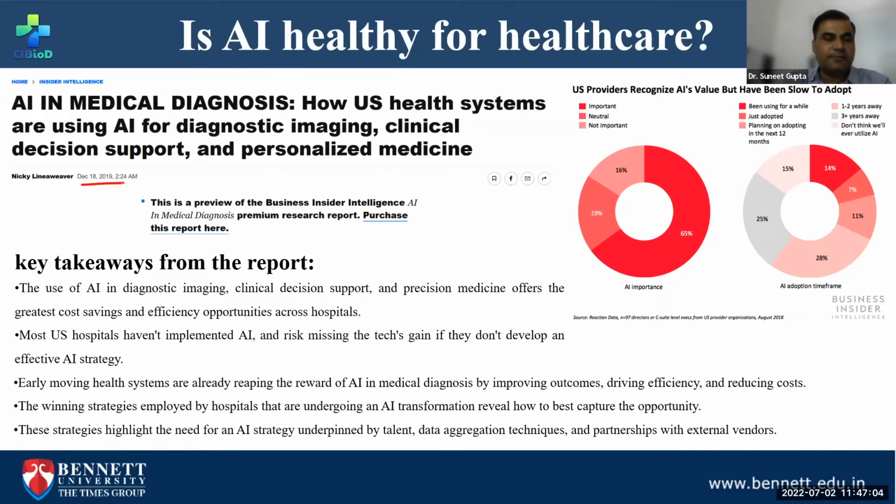The key takeaway from the report is that the use of AI in diagnostic imaging, clinical decision support, and precision medicine offers the greatest cost saving and efficiency opportunity across hospitals. So once AI is fully involved in the healthcare sectors, obviously lots of cost will be saved and the efficiency of the hospitals will also improve.